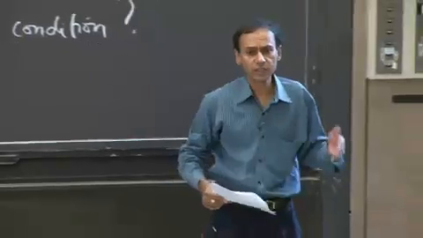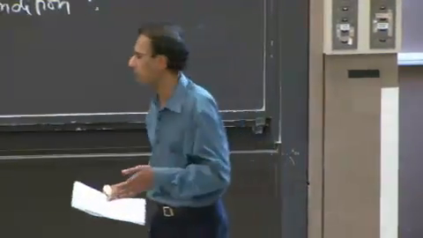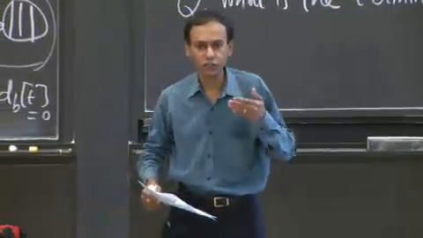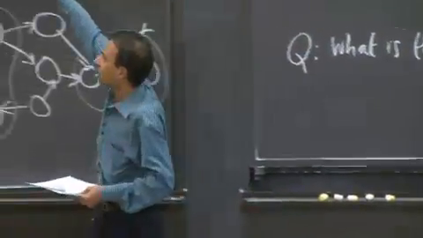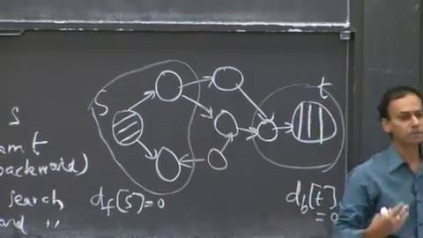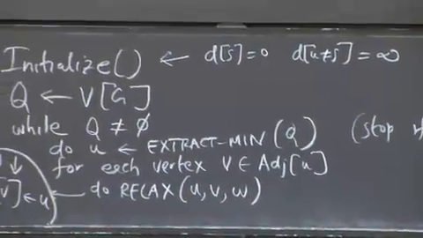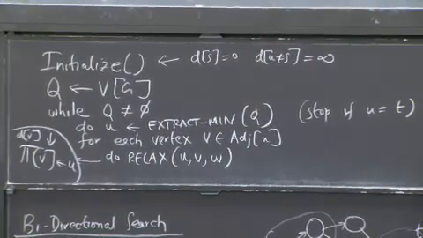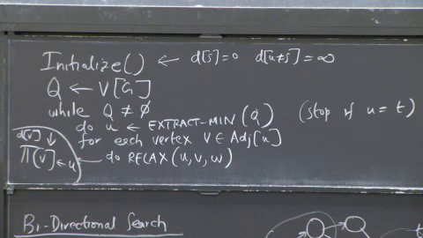But in the context of Dijkstra, single source, single target, can someone tell me what the termination condition should be by looking at the code? I want a more specific or concrete termination condition that I can actually code up, as opposed to saying the frontiers meet, which I don't know how to code. Someone else?